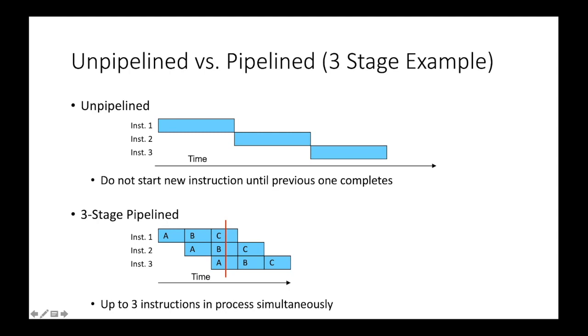A 3-stage pipelined processor, in contrast, executes the first stage of the first instruction, and the next clock cycle it executes the second stage of the first instruction and the first stage of the second instruction. Next clock cycle, the hardware executes the third stage of the first instruction, the second stage of the second instruction, and the first stage of the third instruction.